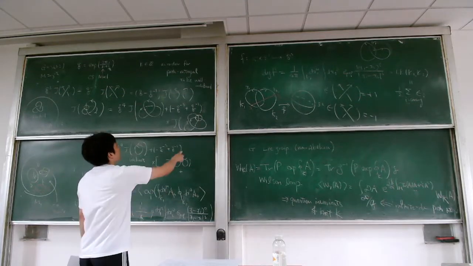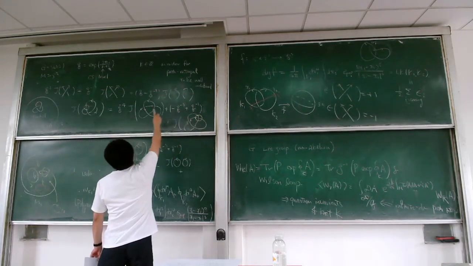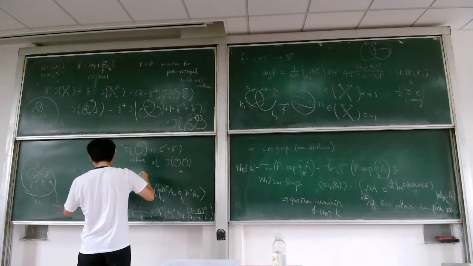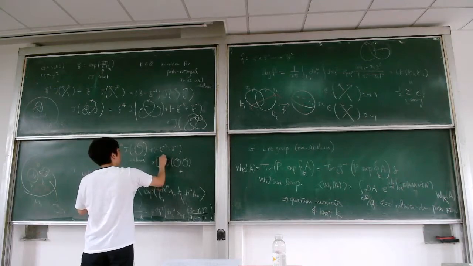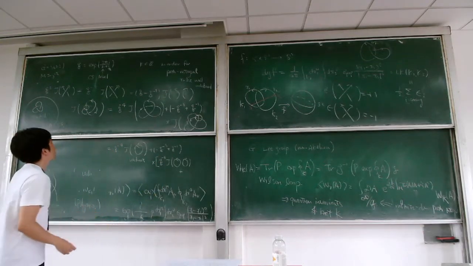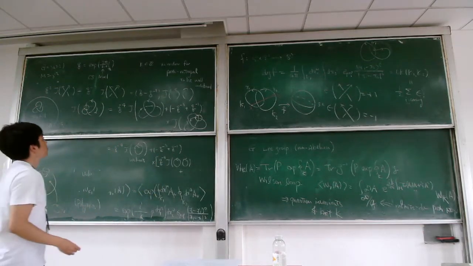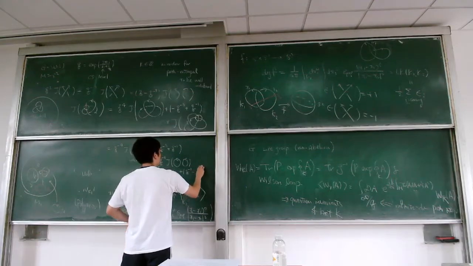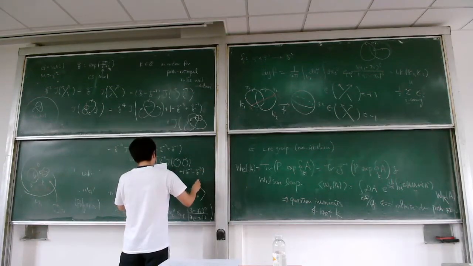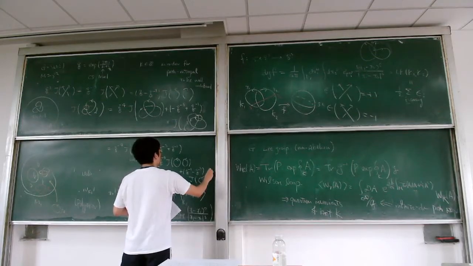So once you apply the relation, what you get is indeed q to the minus 4, okay, and then plus q to the minus 1, q to the minus 3, and then J, and then a single one.